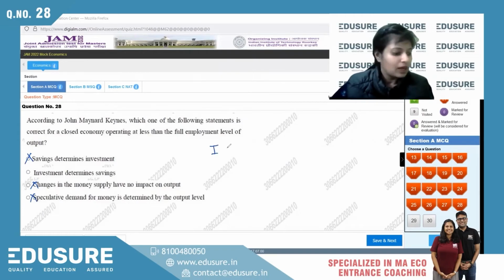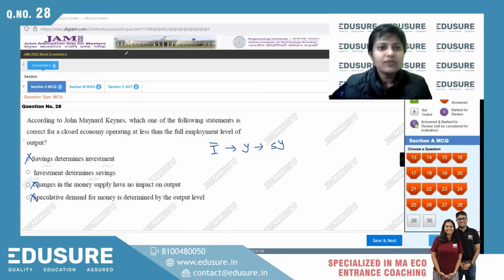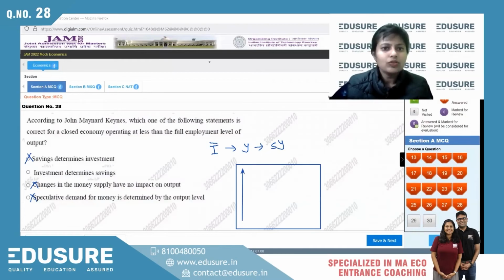Investment actually determines income. Investment will determine income and income determines savings. So if we all remember the savings is equal to investment diagram that we did in class, then if we had the level of investment as constant, something like this, and the level of savings were something like this, then whatever be the savings function, the aggregate savings in the economy did not change because the level of investment was fixed.